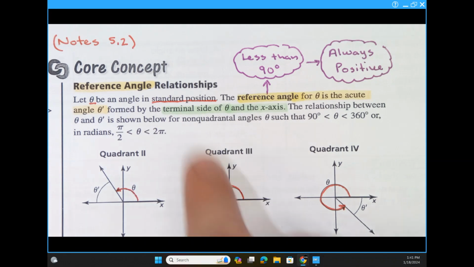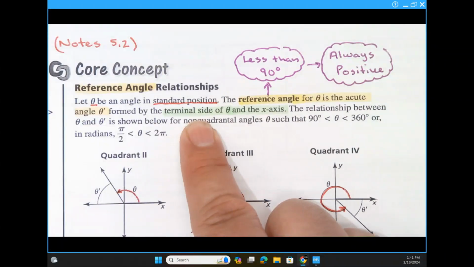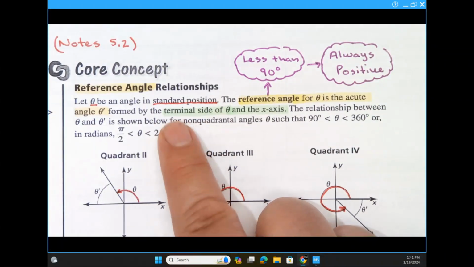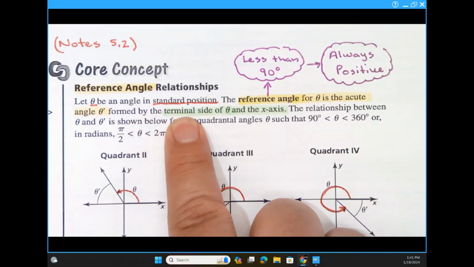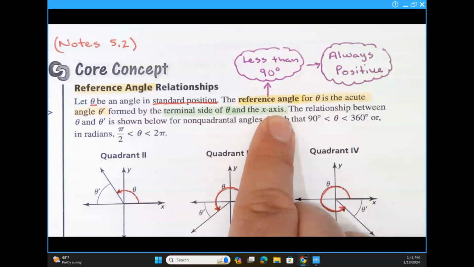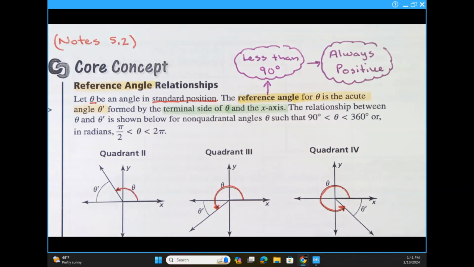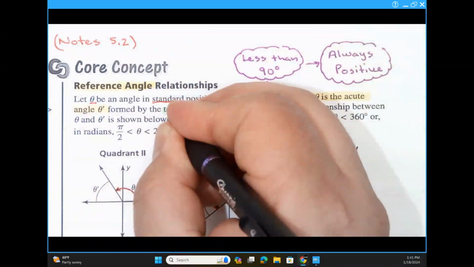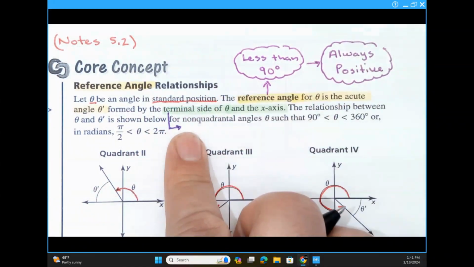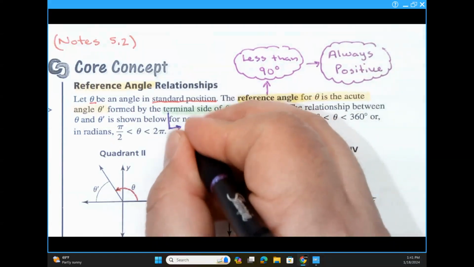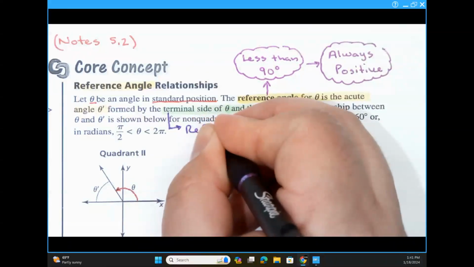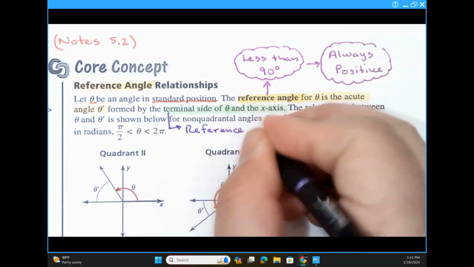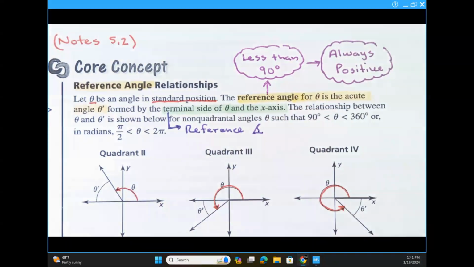So this other line that I highlighted in green says it's formed by the terminal side of theta and by the x-axis. So here's what we have to think of. For that green part, and to save a little time, I'm going to use my geometry angle symbol.